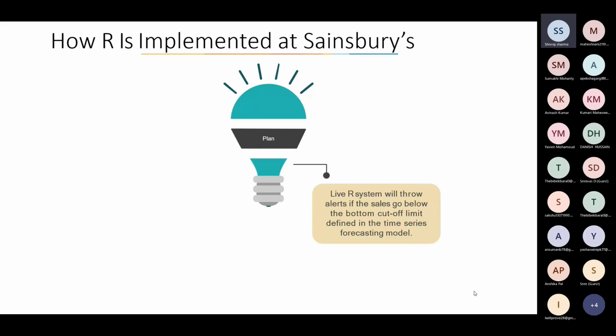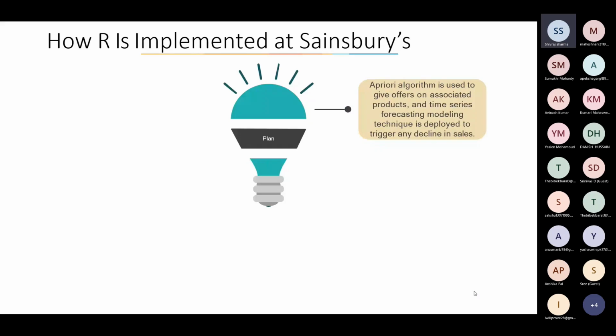So it is very easy for the management now to get an alert that the sale is going down, and appropriate decisions can be taken immediately. Now, there is an algorithm used in these forecasting models, Apriori.